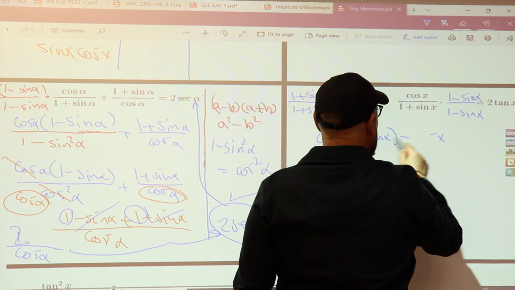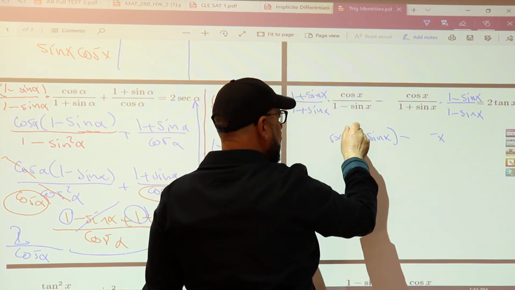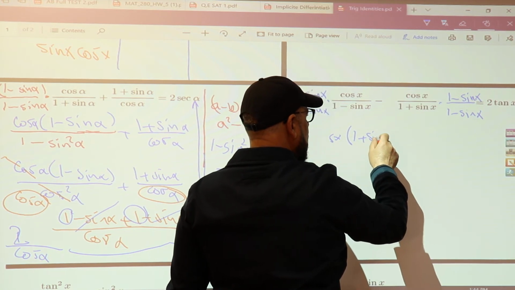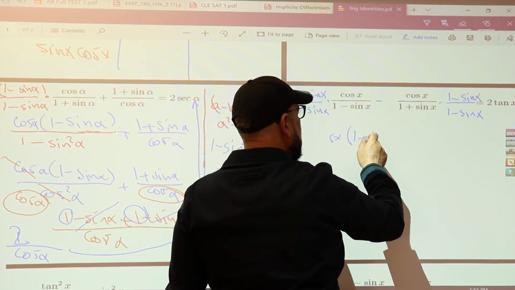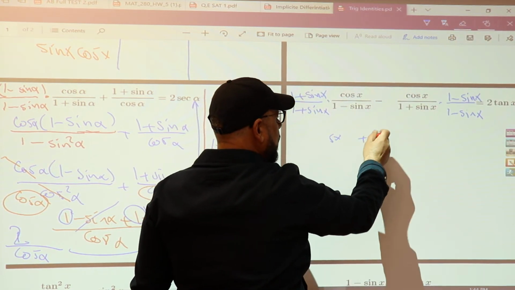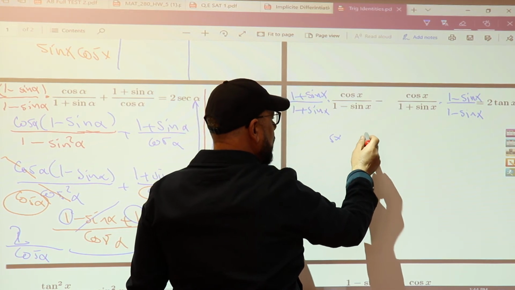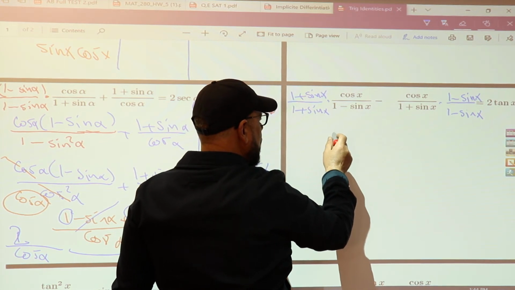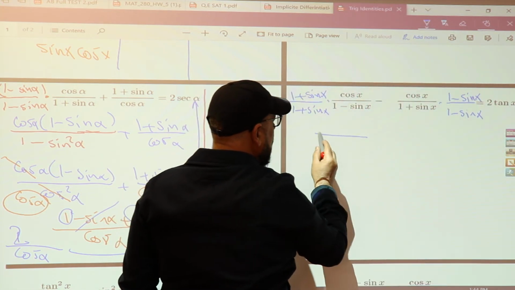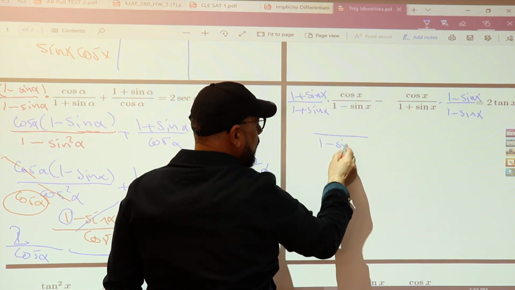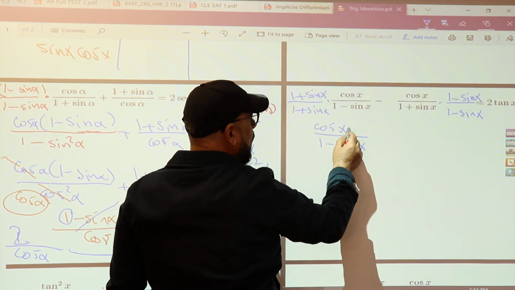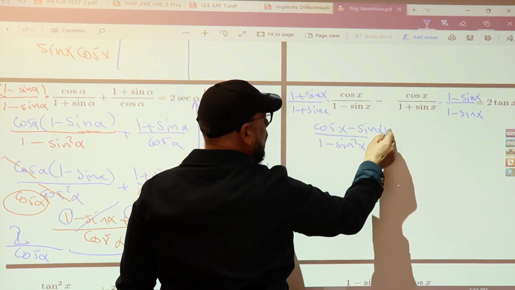Okay, I'm going to just, sorry guys, in the bottom we have 1 minus sine square x, and here cosine x minus sine x cosine x.